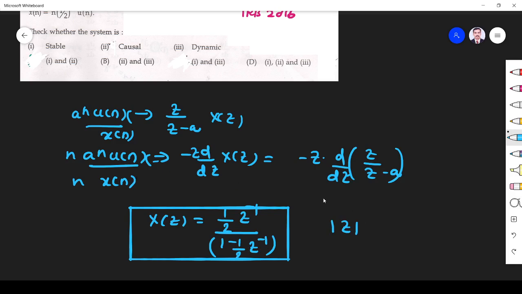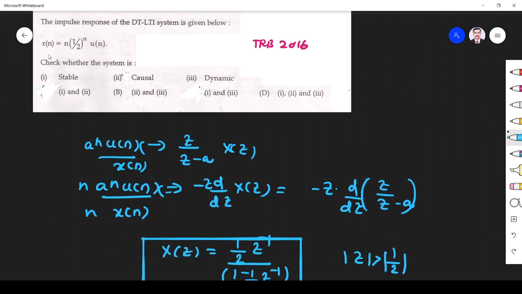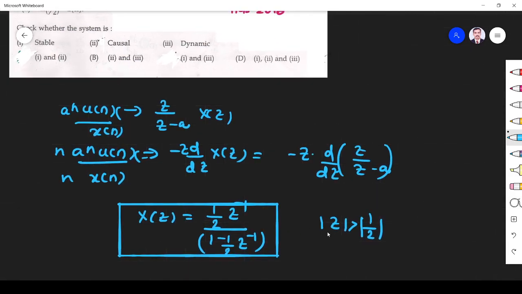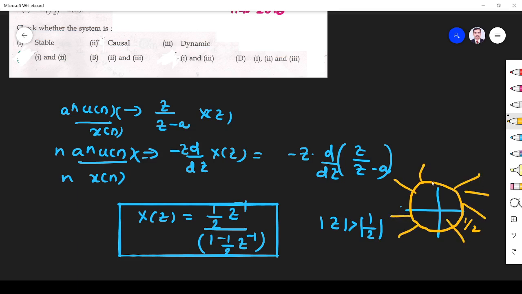A is 1 by 2 in our problem, so mod z must be greater than 1 by 2. Let us draw the ROC.